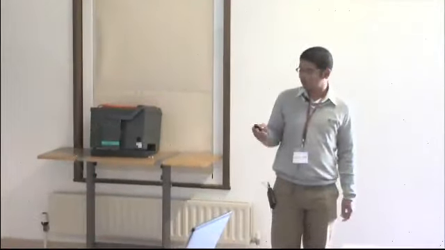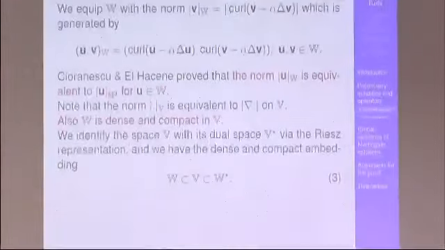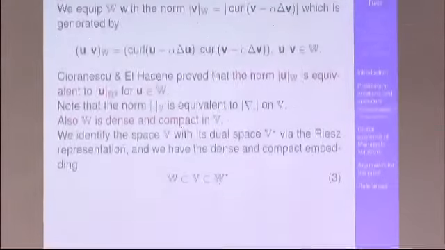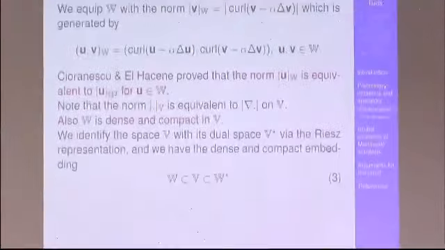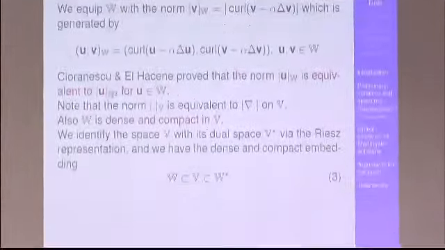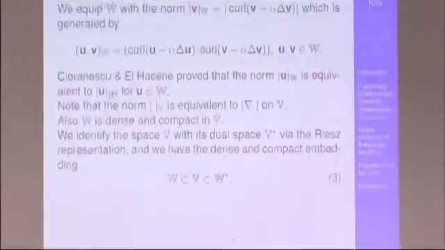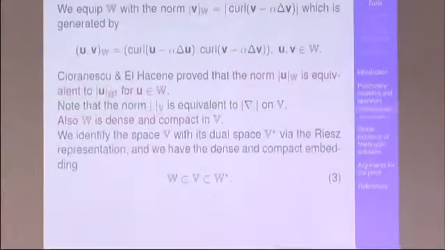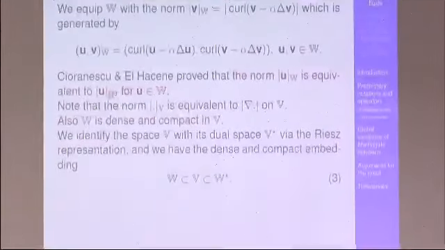To set up our study, we will introduce these function spaces. The H and the V are the well-known spaces in the Navier-Stokes. Due to the non-linearity, we have to introduce this space W, which is a subspace of V, and every element of W must satisfy this condition.